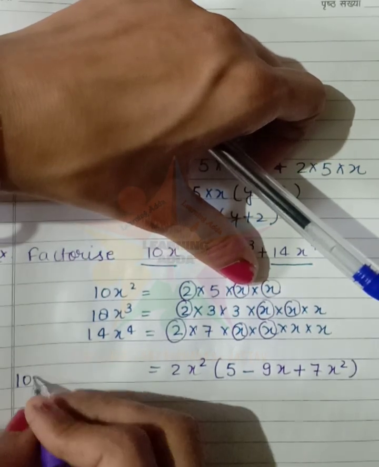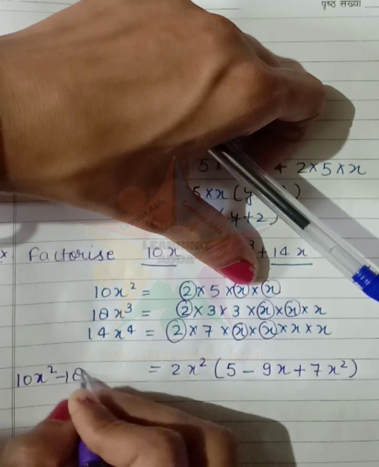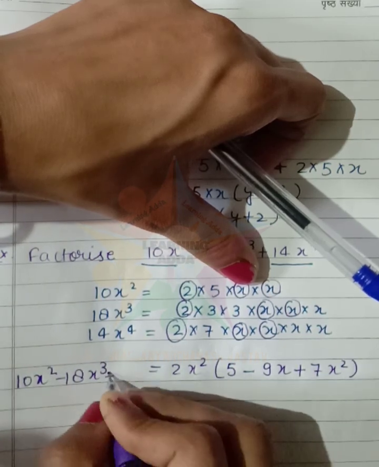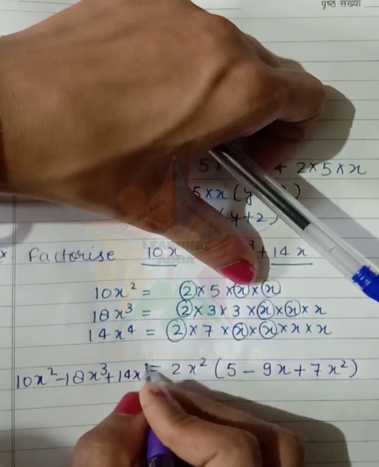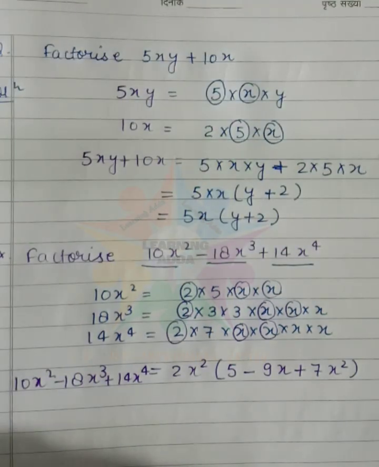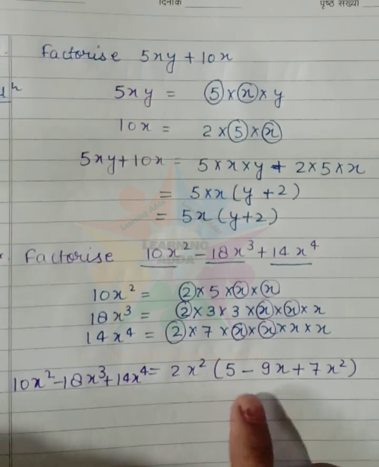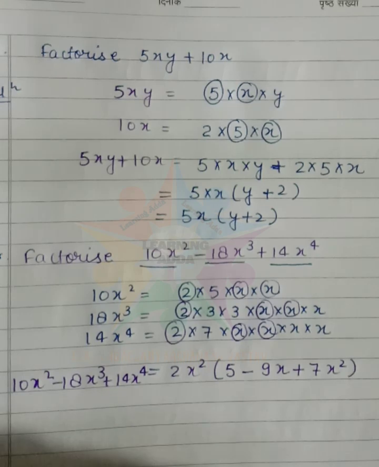So the factor of 10x square minus 18x cube plus 14x to the power 4 equals 2x square in bracket 5 minus 9x plus 7x square.